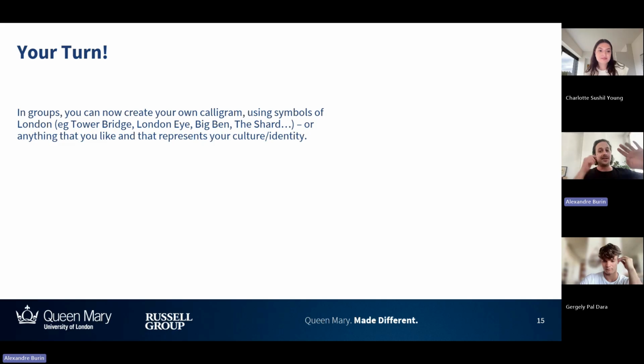Now, if you feel like it, I would like you to also create your own calligram using symbols of London, maybe. That could be the Tower Bridge, London Eye, Big Ben, the Shard, you name it. But really anything that you like and that represents your culture or identity. So you don't have to pick a London monument.